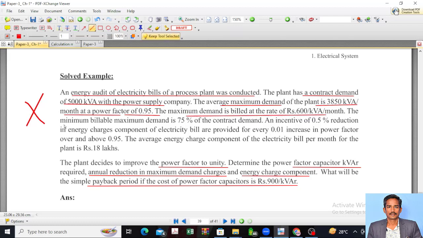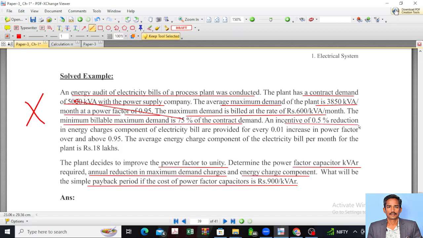The minimum bill level is 70% of contract demand. Next, incentives.